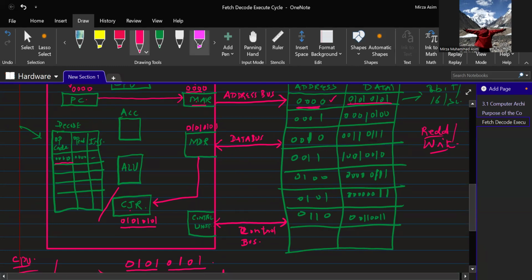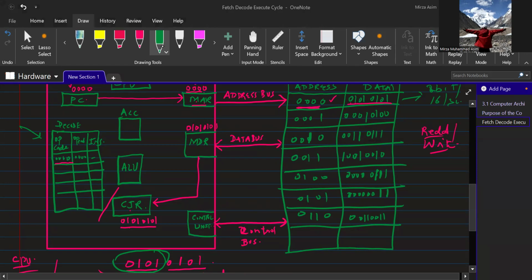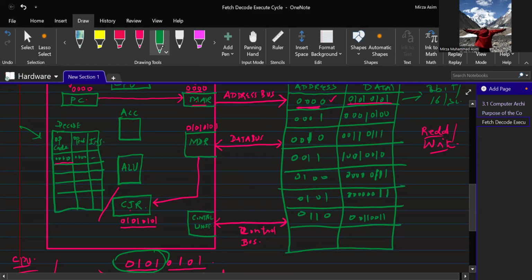Now coming back to the point, decode. This is the opcode, 0101. The CPU looks into this decode part and finds out 0101. Let's say the instruction is about to load.